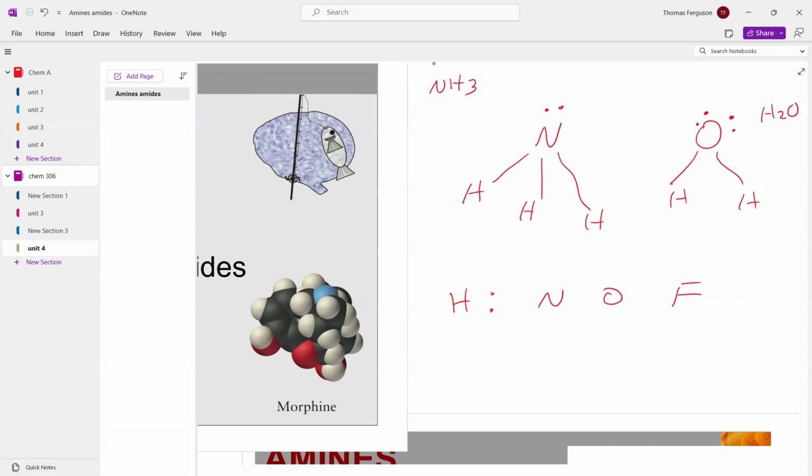Now, the thing about fluorine, because it just has one singleton, it's kind of simple the way it bonds. But those other two, particularly oxygen, can have some interesting coordinate covalent bonds that bond with the non-bonding electrons.